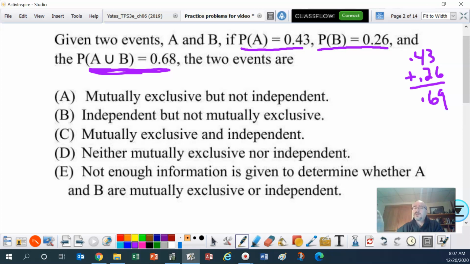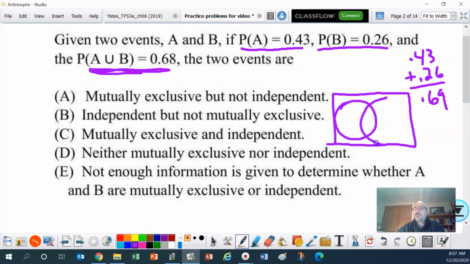So I'm going to draw a Venn diagram here, and I'm going to put A here and B here. If they're saying it's 0.68, what's the difference? The difference is 0.1, right? So that must mean right here in the center, it's 0.1.